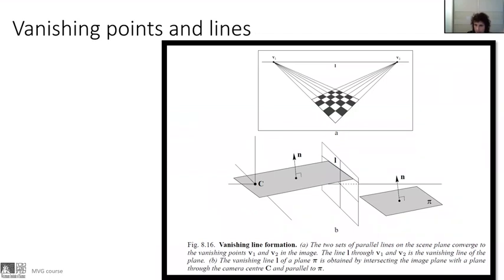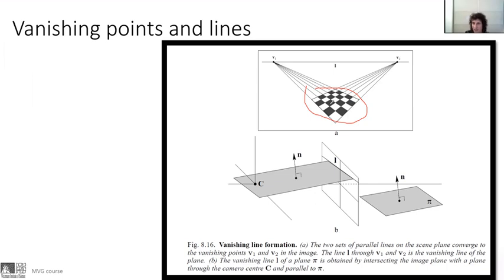So what is here? I'll give you some intuition. Nothing is proved in a mathematically rigorous way, just to show the things that we see in images. Okay, so we have a plane here. This is a plane captured in an image, and each plane has its vanishing line.